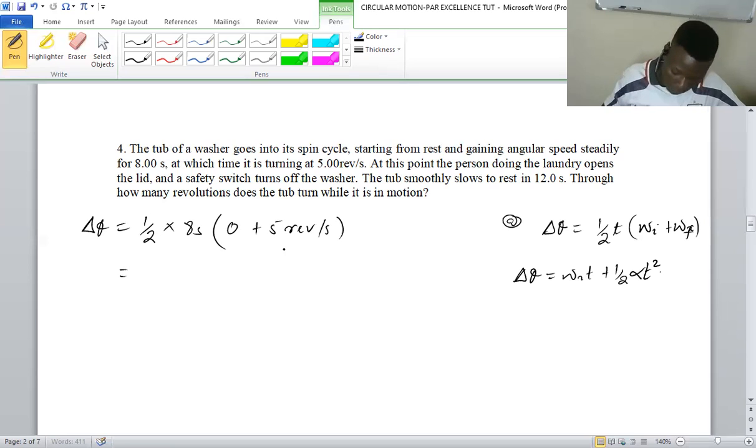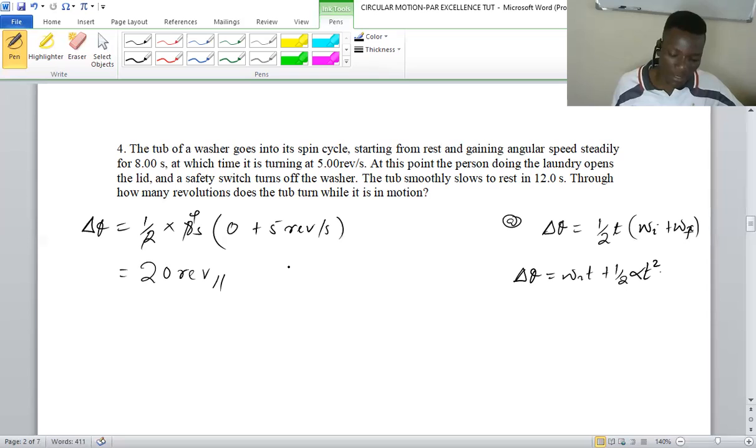That will be 5, and here outside we're going to have 4. So 4 seconds by 5 rev, we're going to have 20 revs. So that is in the first place.